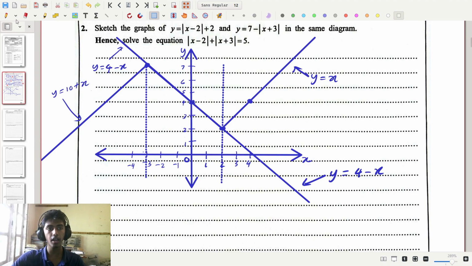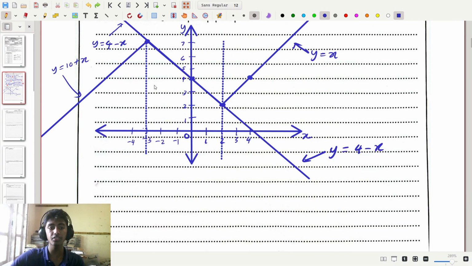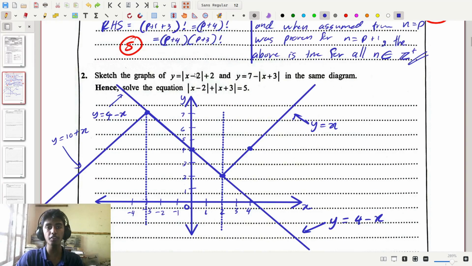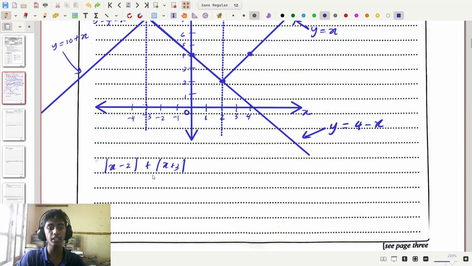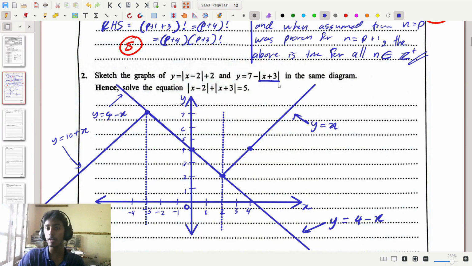Now, if we consider what we're actually expected to solve based on the graph, this equation says that the modulus of x minus 2 plus the modulus of x plus 3 is equal to 5. If we write this down and rearrange it, we can see that the modulus of x minus 2 is there in our first graph's modulus part. We can also see that the second modulus bit is there in the second graph's modulus part.